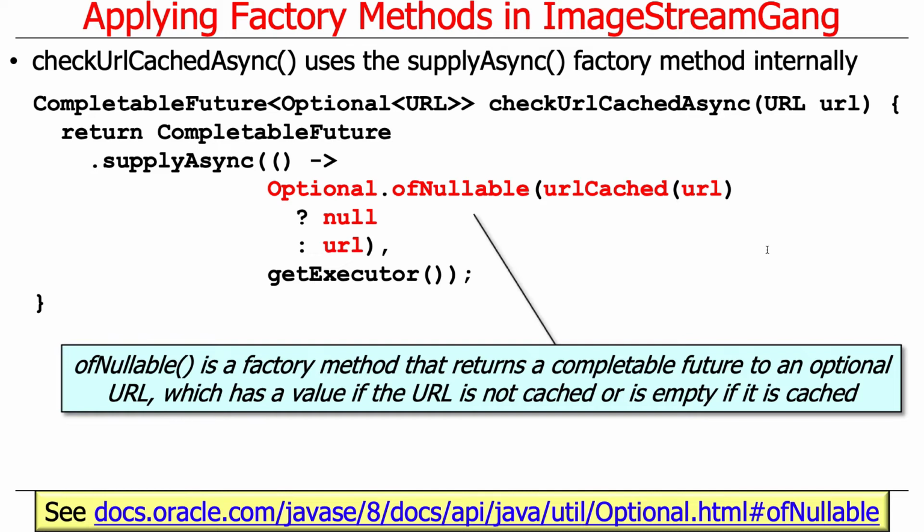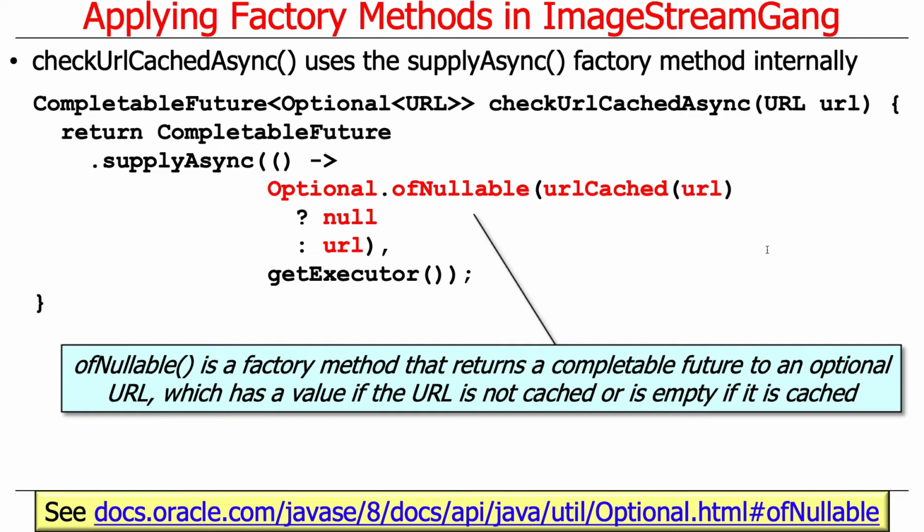If it exists, if it's cached, if URLCached returns true, then we return null as the value for the optional. So what that means is if you give an optional the value null using the ofNullable factory method, that makes a, quote, empty optional. Otherwise, if the URL is not already cached, we're going to make the optional have the URL as its value.